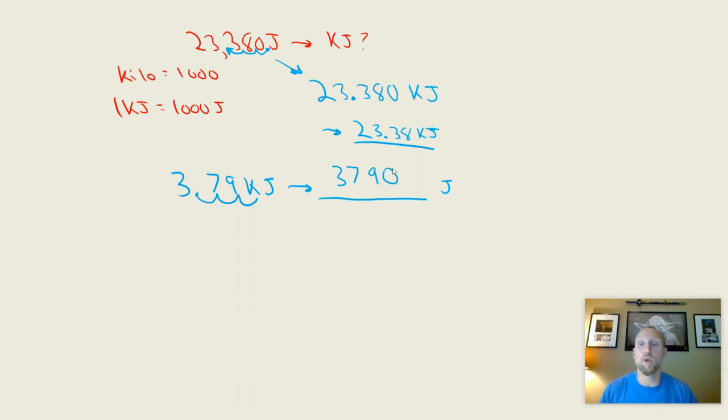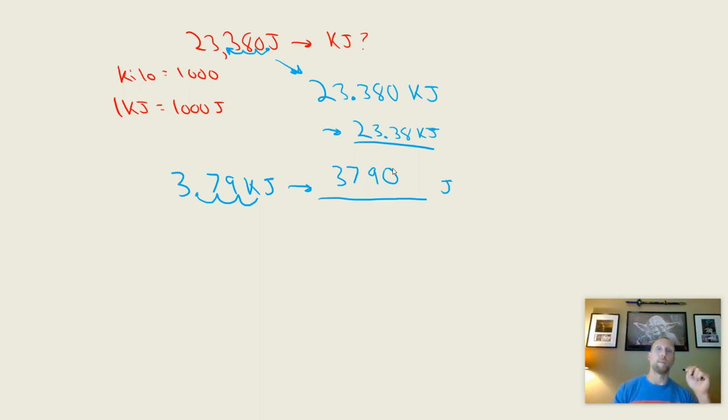Don't overcomplicate this. That's as hard as unit conversion is going to get in chemistry. You have to move 3 decimal places, but make sure you're moving them in the right direction. If you're going from a smaller unit to a bigger unit, move 3 decimal places in the direction that makes the value smaller because there's going to be less of them.